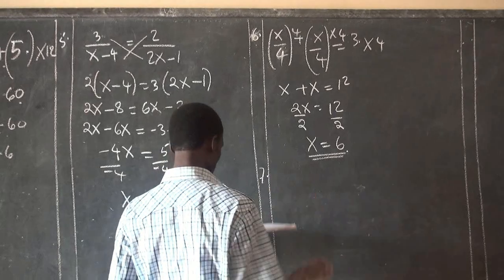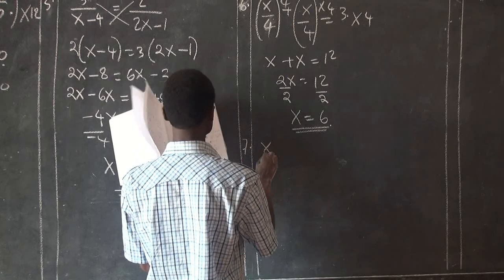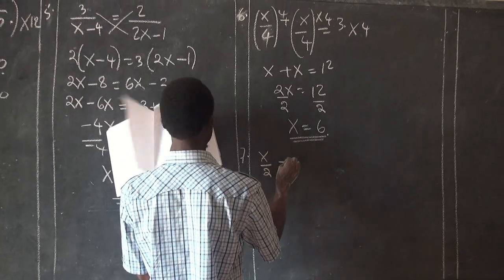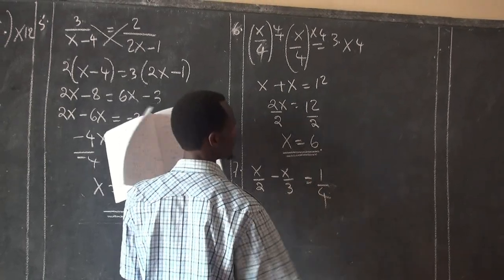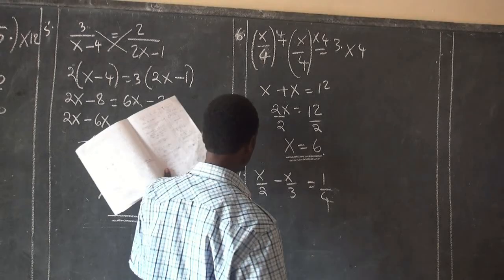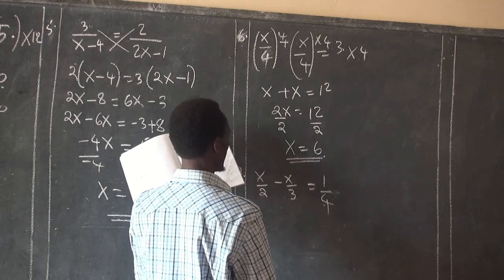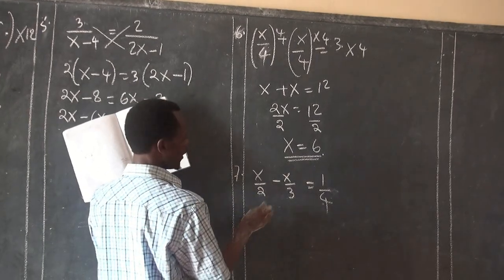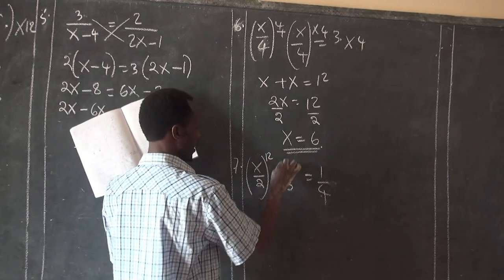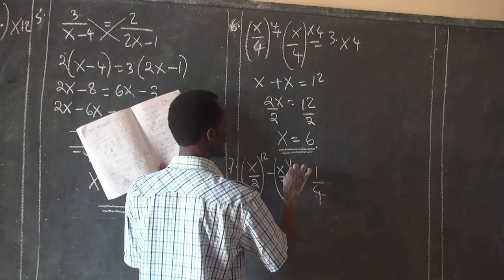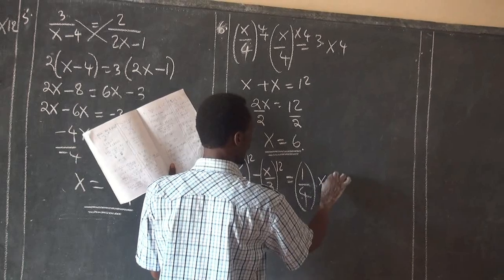Now question number 7, it is x over 2 minus x over 3 is equal to 1 over 4. The LCM of 2, 3, and 4 is 12. Now, x over 2 times 12, x over 3 times 12, 1 over 4 times 12.